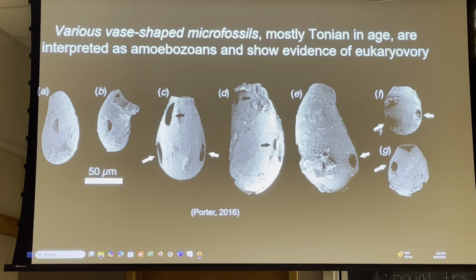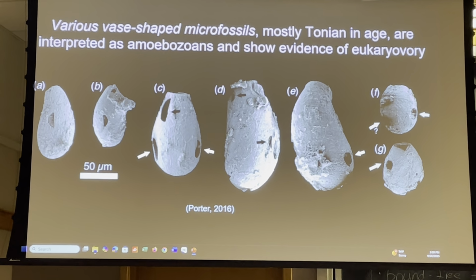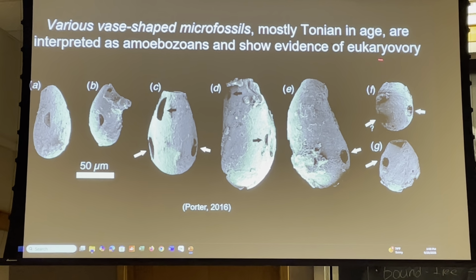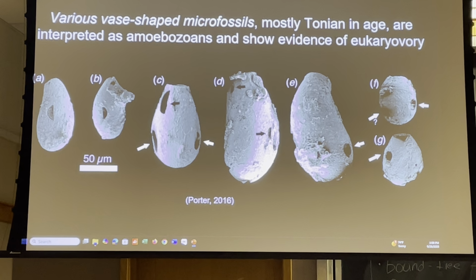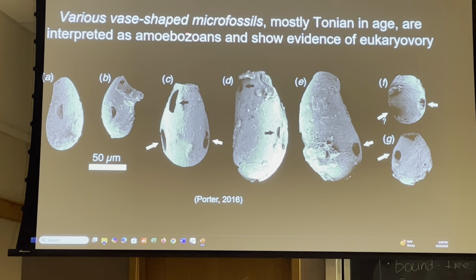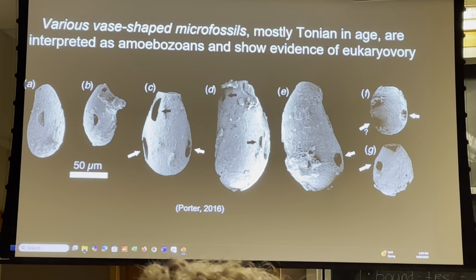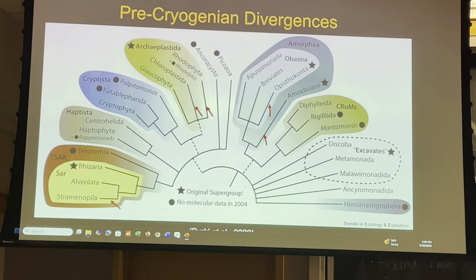So it's presumably some eukaryotic predators preying on these eukaryotes, a process known to biologists as eukaryovory. So this is the evidence not only for the organisms, but also for the ecological interactions among organisms.